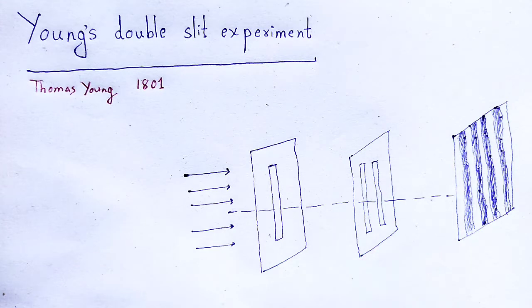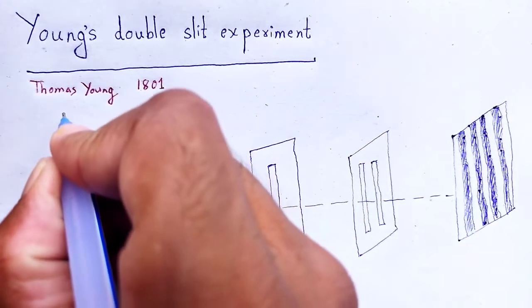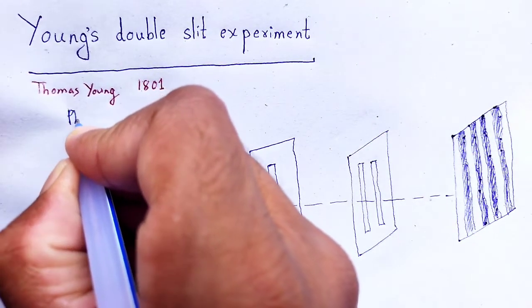In this experiment, he was able to obtain the visible effect of the superposition of waves, and he could determine the wavelength of light, that is the phenomenon of interference.